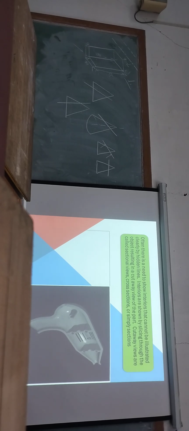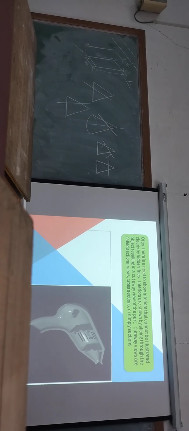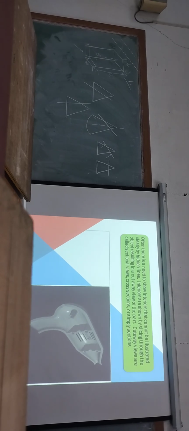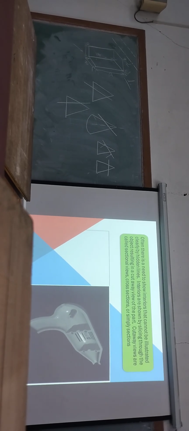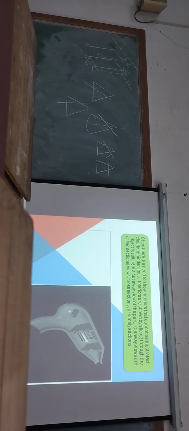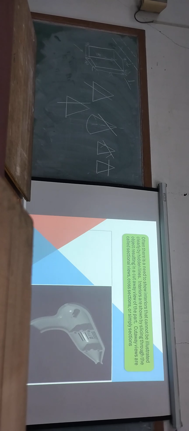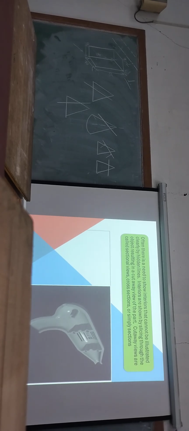Basically for machine parts, very complicated circuits, or, one example. All of you have seen the register. There is a color code. All of you have seen.